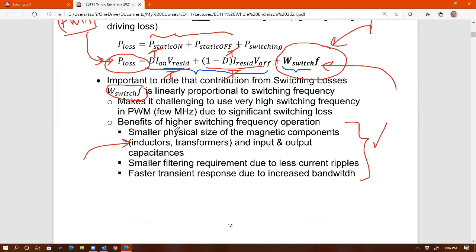And that could be the future. If the device technology as well as magnetics technology can handle gigahertz switching, then maybe someday when we design power electronics, we're going to have to take into account ESL and parallel resistors as well for the capacitor. So hopefully that answered your question.